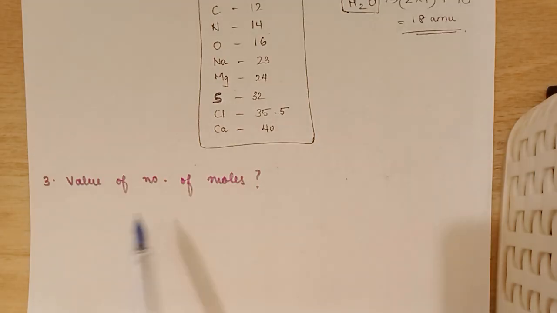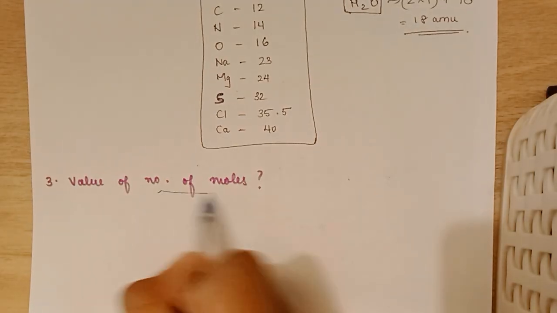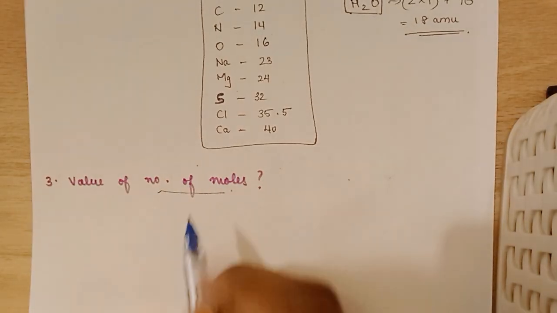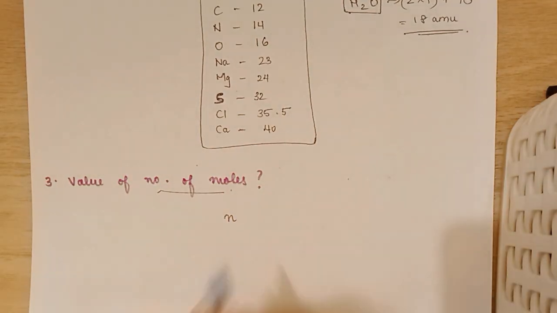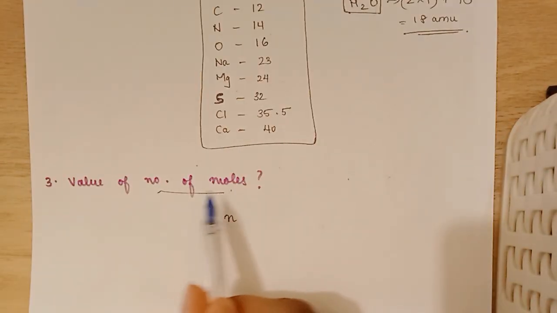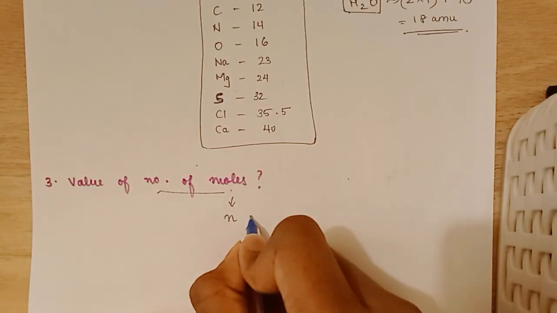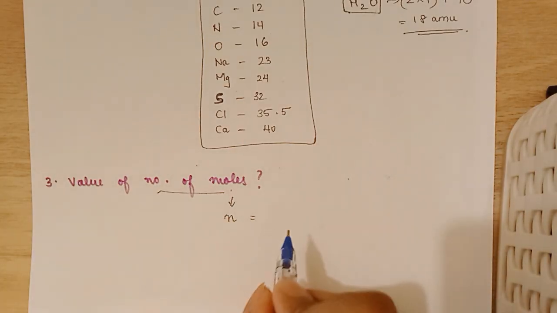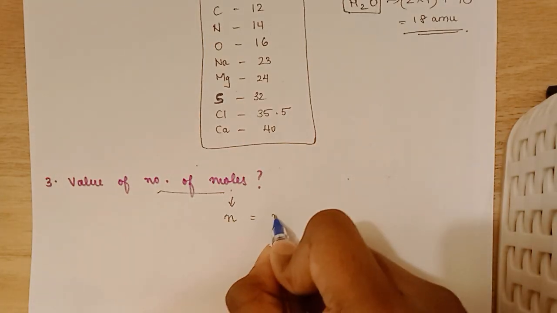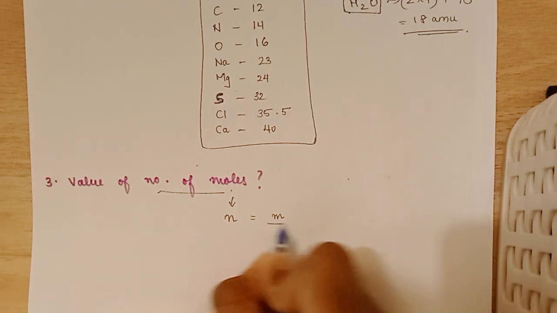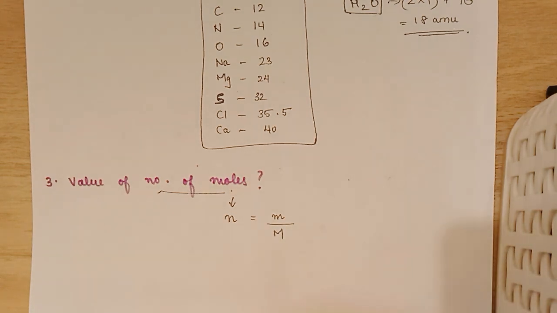Now let's look at the value of the number of moles. The number of moles of an element is represented as small n. The formula for n is given mass divided by molar mass.